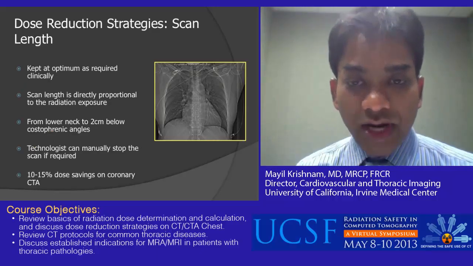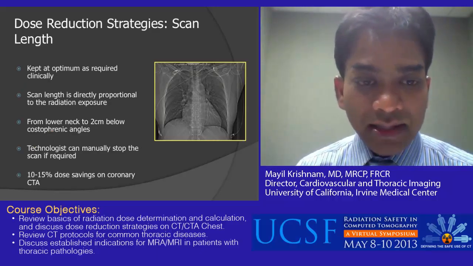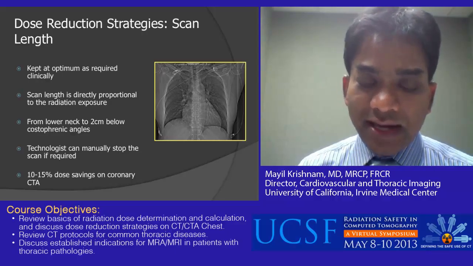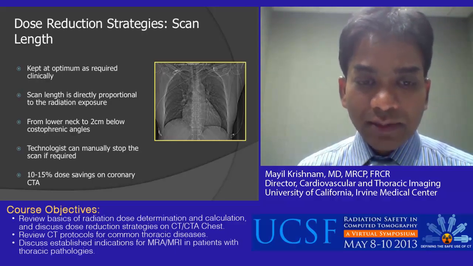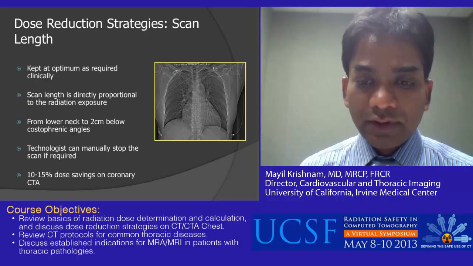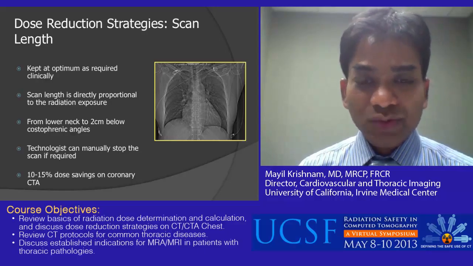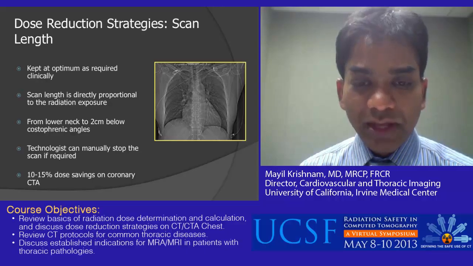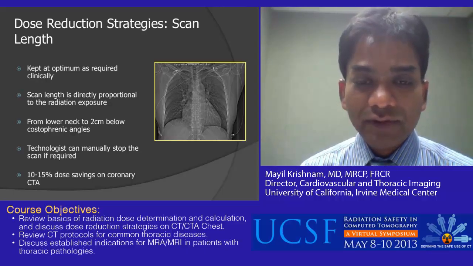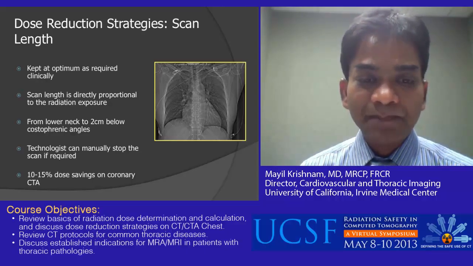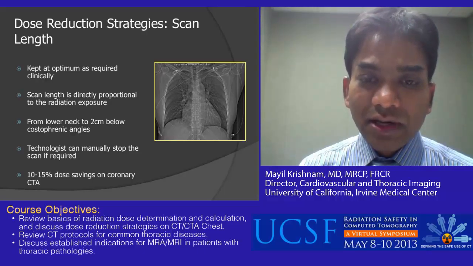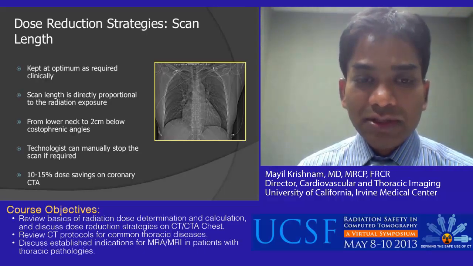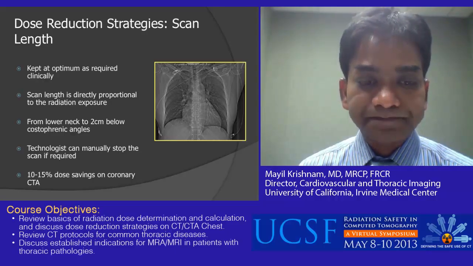On dose reduction strategies, I'm going to start with the scan length. We have to keep the scan length as appropriate as required for the clinical indication. It is a very basic dose reduction strategy. You don't need any additional software for this, and anybody can do it, but we have to train the technologist to keep it as appropriate as possible.